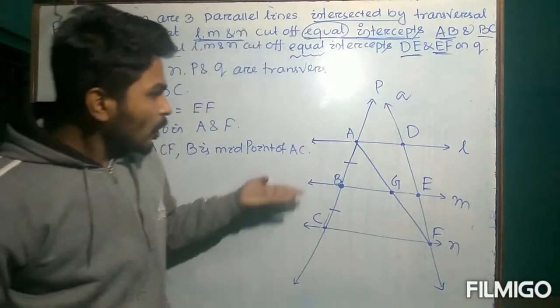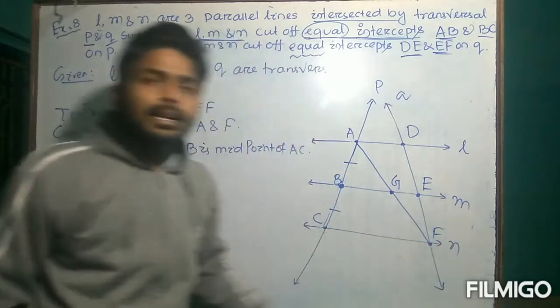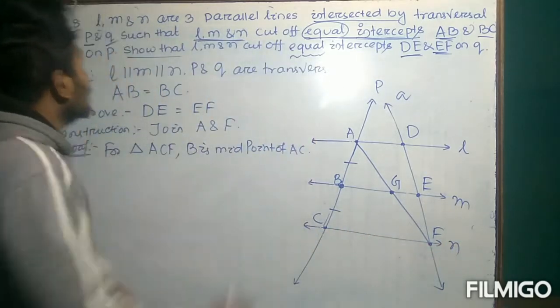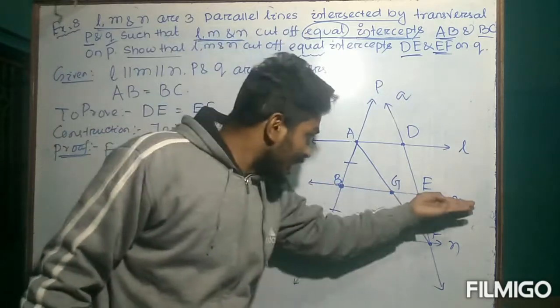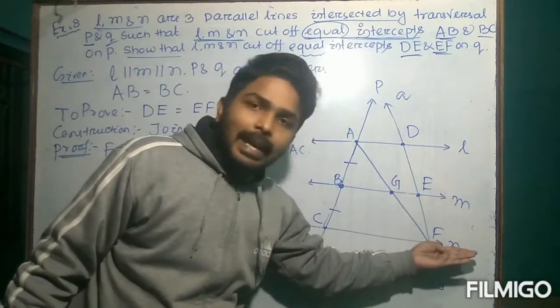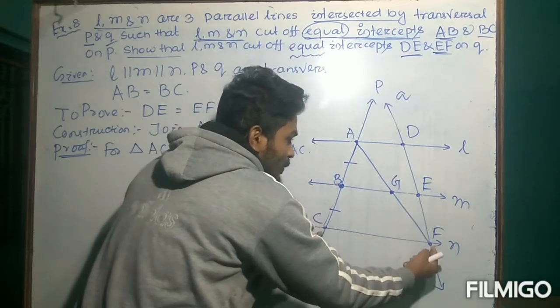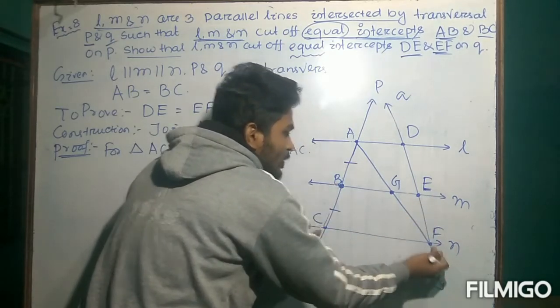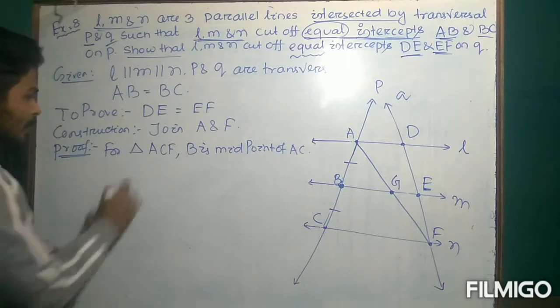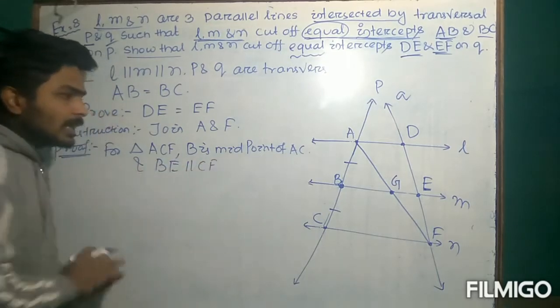Now, it is already given that line M is parallel to line N, isn't it? Yes, because L, M and N are three parallel lines. So this line M is parallel to this line N. It means BE is parallel to CF. Clear?